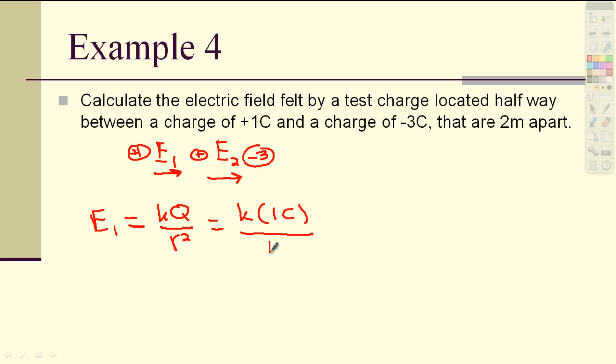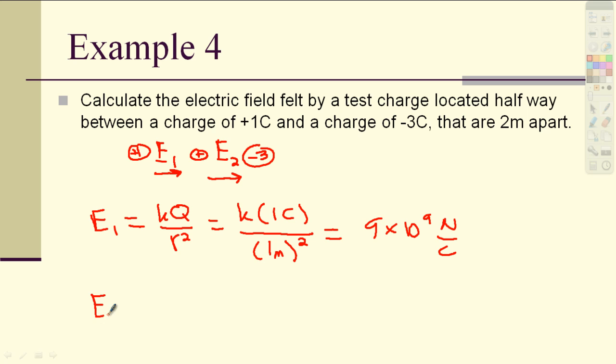And the distance between them is 1 meter because it says that the 2 charges are 2 meters apart and the test charge is halfway between, and half of 2 is 1. So you get 9 times 10 to the 9th newtons per Coulomb.